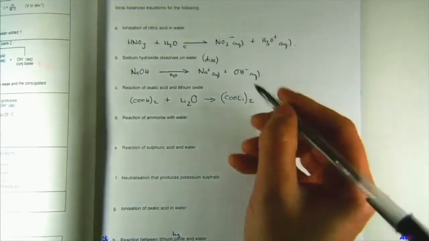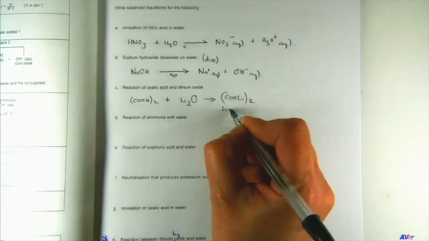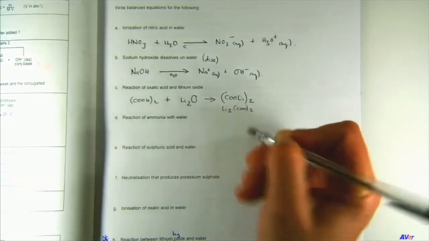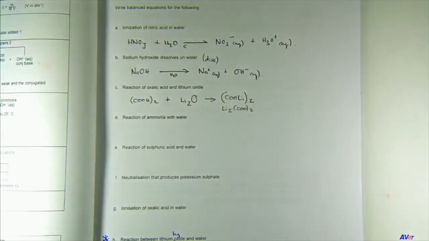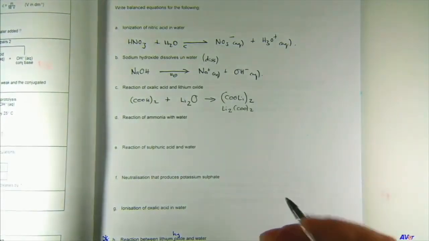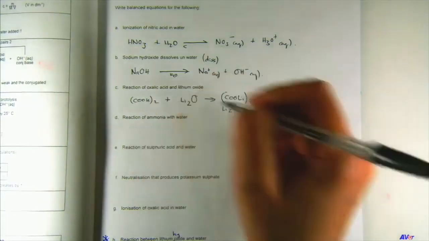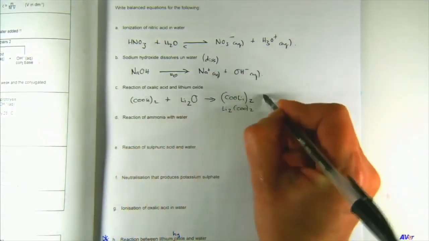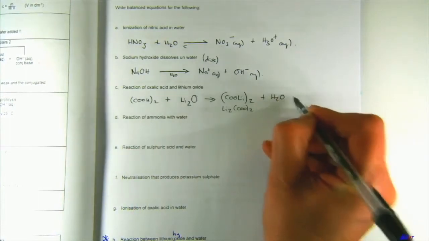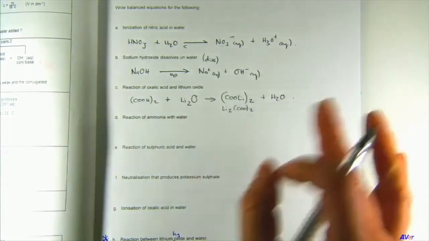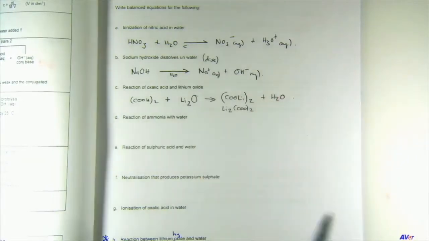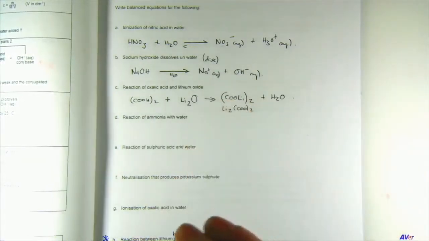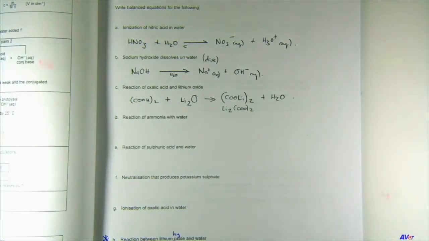They will also mark it correct if you wrote Li2C2O4. That would also have been taken as correct. So here they are very lenient, but you have to know what you're doing. The lithium goes there, and what's the other product? Water. So now we end up with no ions on the right-hand side. Ions on the right-hand side only appear when it's in water, because then it dissociates or ionizes.